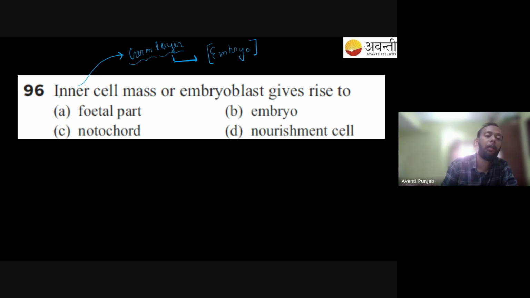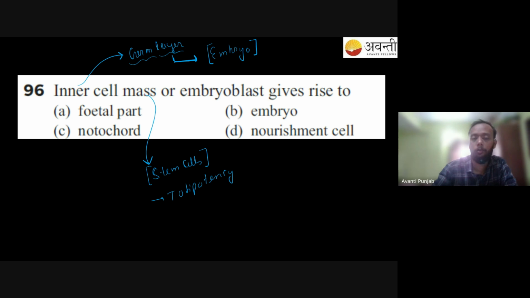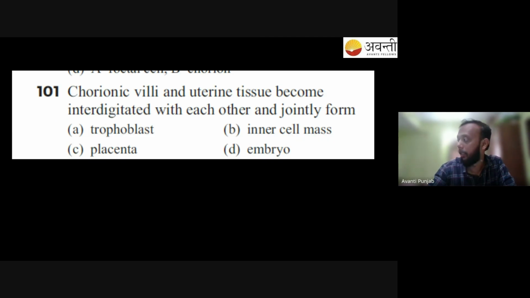And one more thing, the inner cell mass will have your stem cells, which have a property of pluripotency. Then give me the answer to this one.